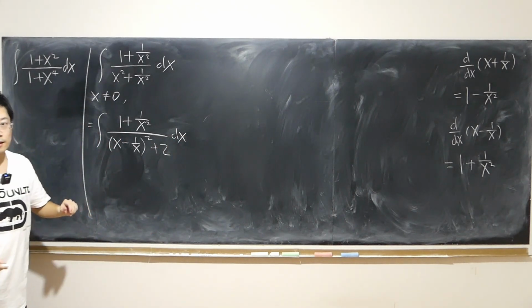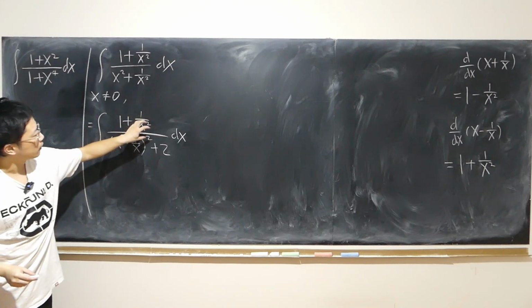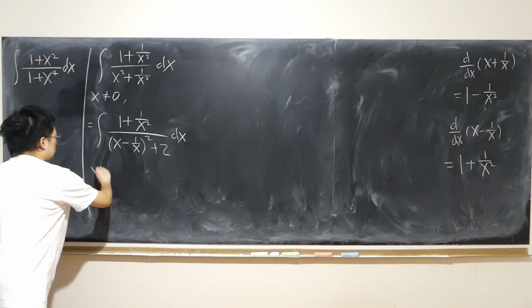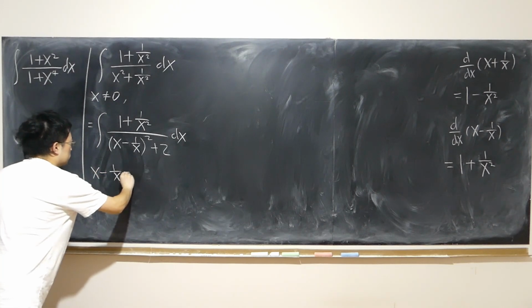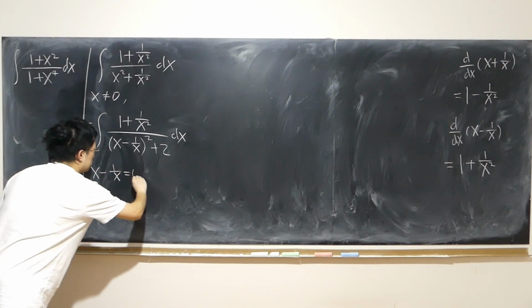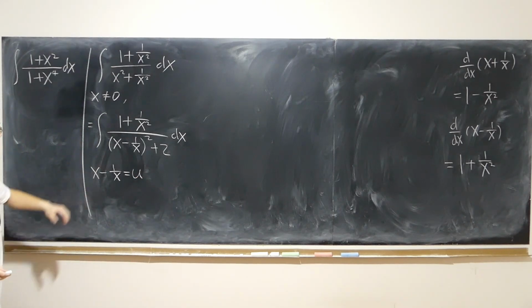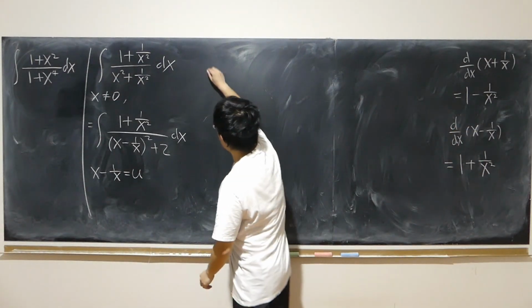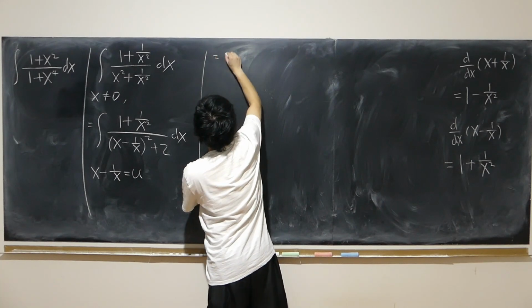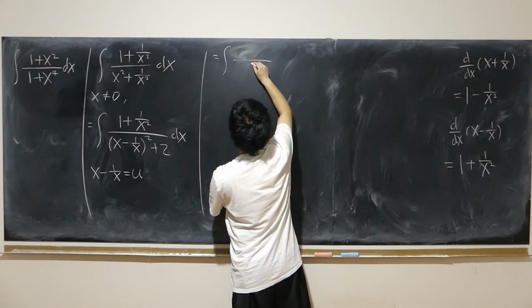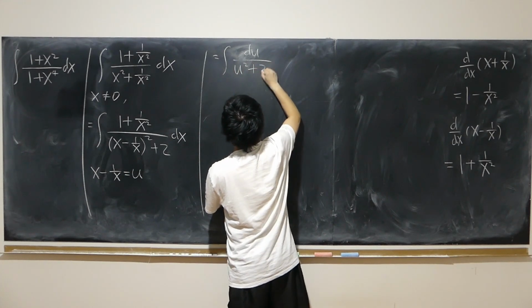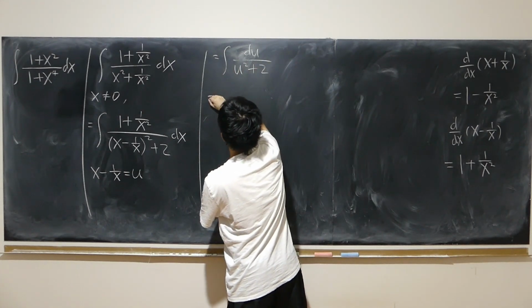That way, if I let x minus 1 over x equal u, then on top I have du. So that is just du over u squared plus 2.